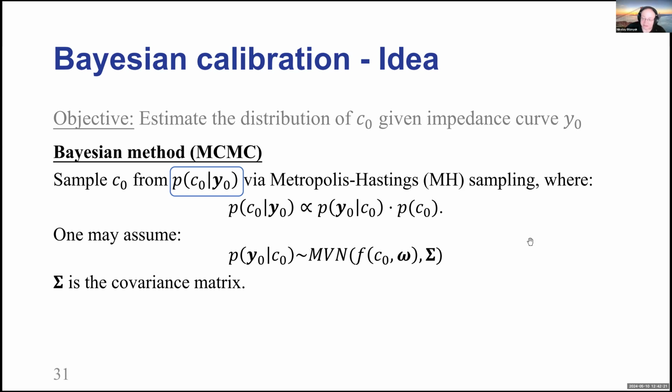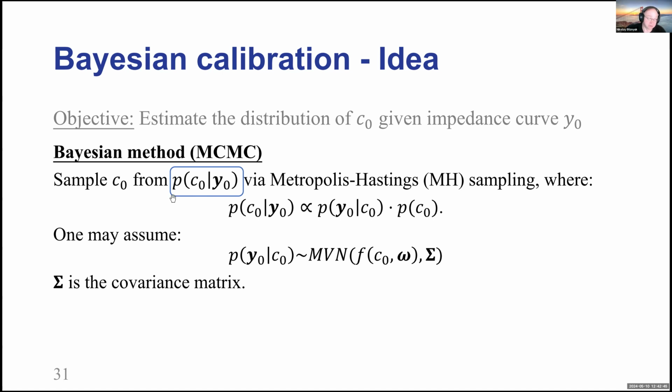This is precisely the impedance curves that we have seen in the early slides of the first part. And then the goal, based on this observed value of the impedance curve, is to deduce what value of concentration C0 nature has chosen. And we also want to quantify uncertainty about this.